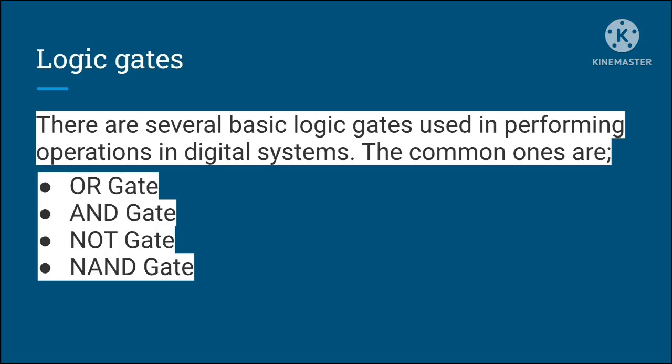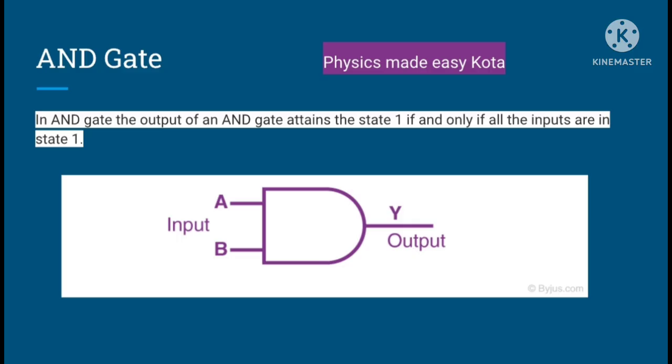Now next, that important topic, logic gates. A logic gate is a digital circuit that is used to perform logical operations, and there are different types of logic gates like OR gate, AND gate, NOT gate, NAND gate. The first one is the AND gate.